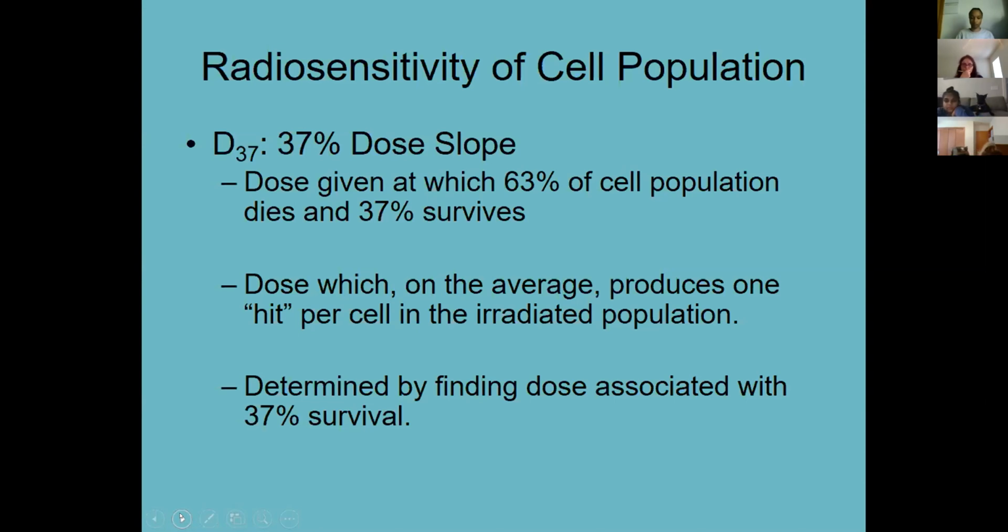You find it by finding the dose associated with 37% survival. So I want you to get graph number 1. Okay, so we've already had graph number 1. We've talked about it multiple times.